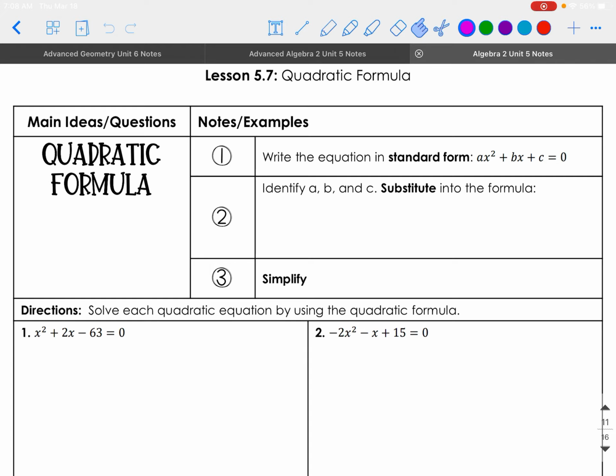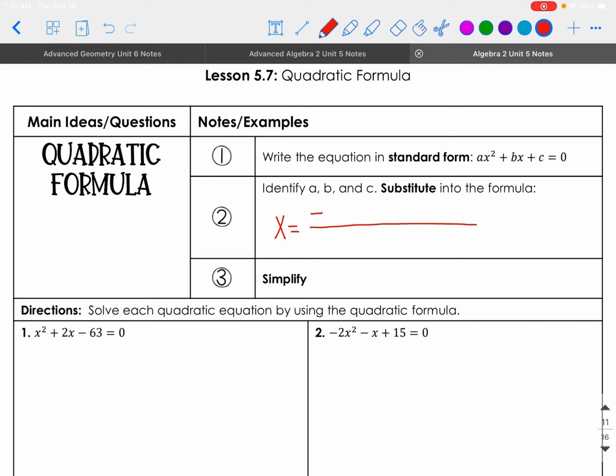The quadratic formula always works for finding x-intercepts, but it is a big, long formula where you have to fill in numbers. That formula, we're going to write in this blank space here. X equals, and then we have a big, long fraction.